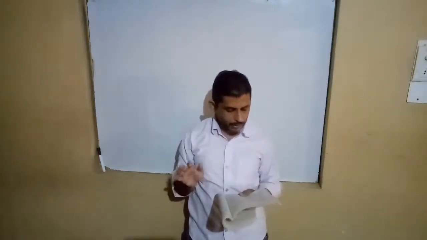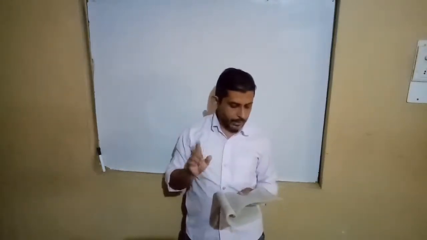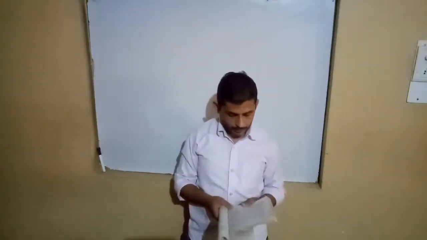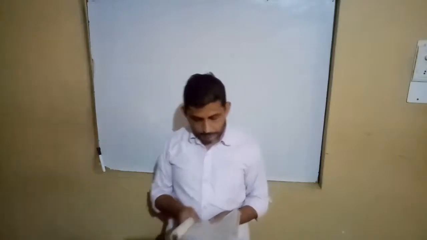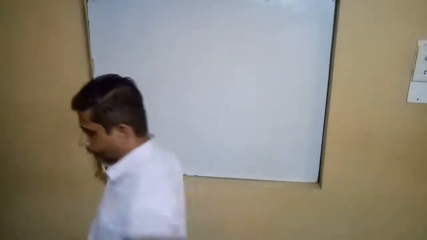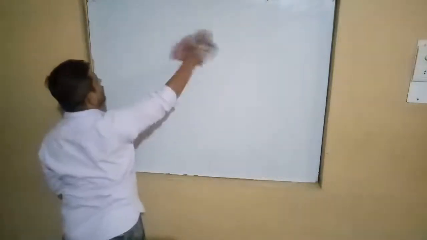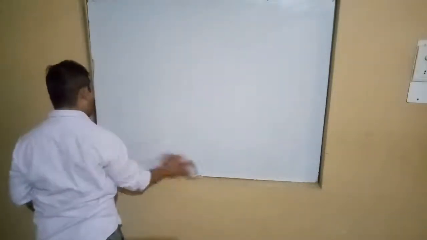ये भी आप लोग कर लोगे. Now look at the 18. P, whose coordinates are a, b, is the midpoint of the line segment between axes. So that the equation of line is. So here we are given a point P which is the midpoint between the axes.